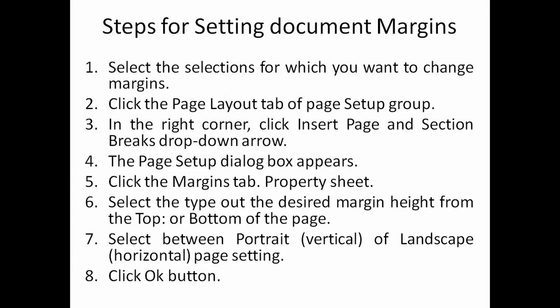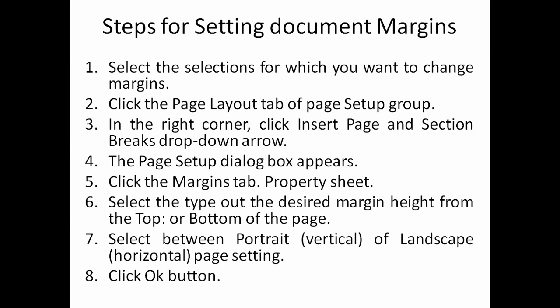Steps for setting document margins. If you want to set the margins of a document, then follow the given steps. Step 1. Select the section for which you want to change margins. Step 2. Click the page layout tab of the page setup group. Step 3.